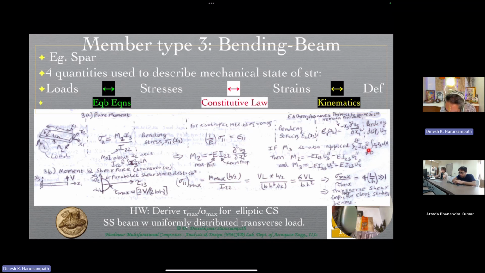And once that is also there, it will introduce an I33. But in addition, if the cross section is not symmetric, which is the case you will have in most situations, at the most you will have one plane of symmetry. If it's a symmetric airfoil that is used, then of course your X1, X2 plane will be a plane of symmetry.